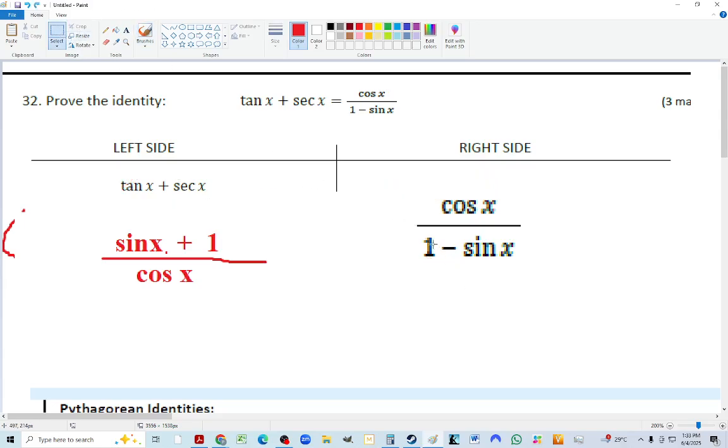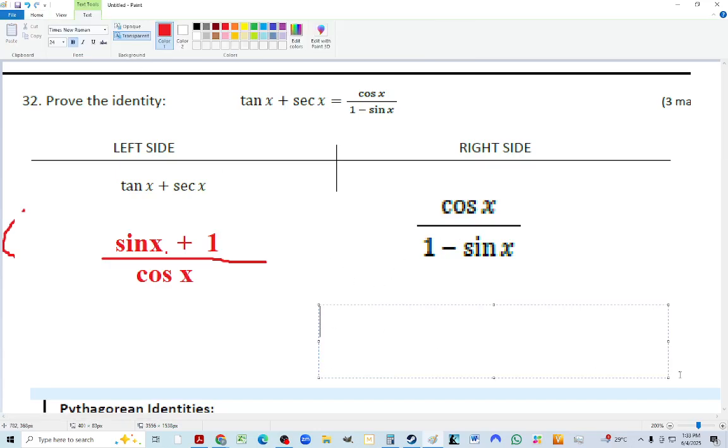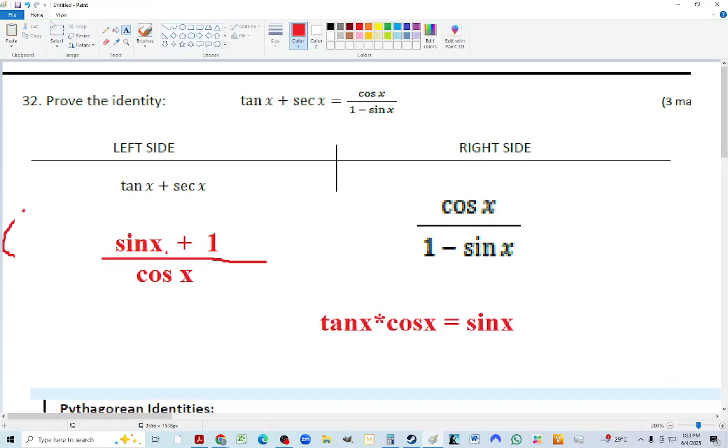Okay. So sine x, if tan is equal to sine x over cos x, then sine x is equal to tan times cos x. So let's see if I can do anything with that. Like that. So far, nothing.